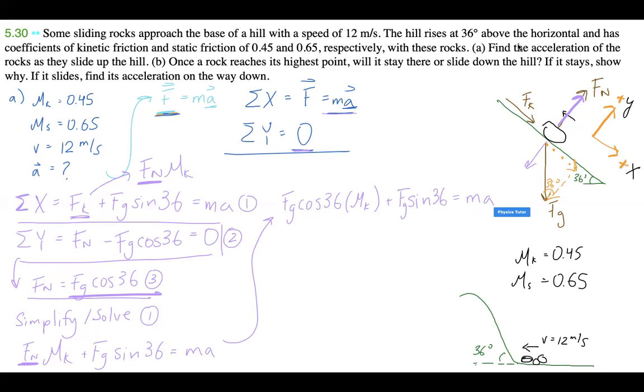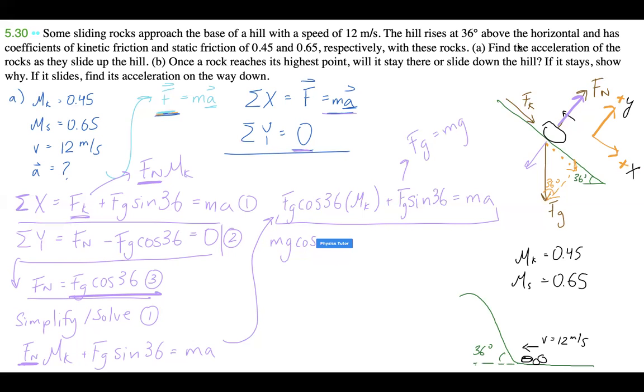Well, now we can simplify this further. Fg, as we know, is just equal to mg, mass times acceleration due to gravity.